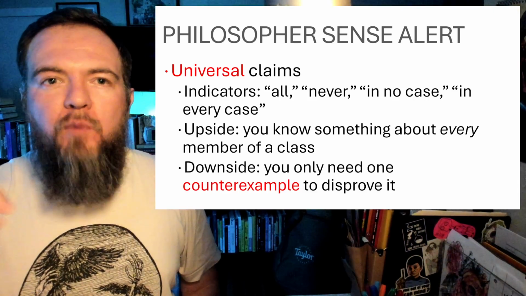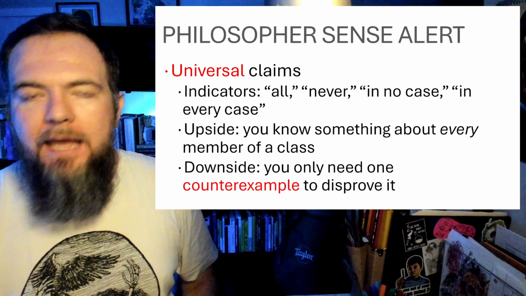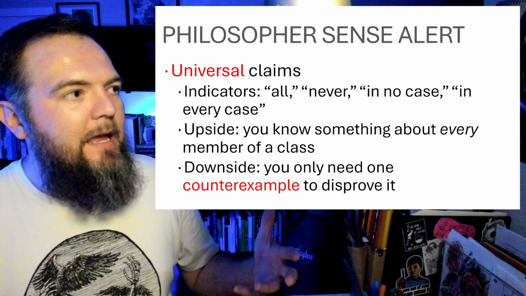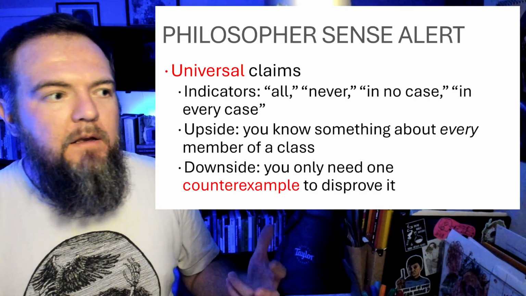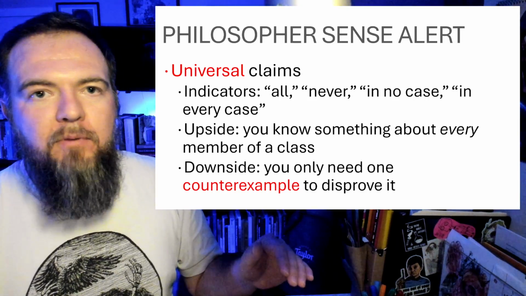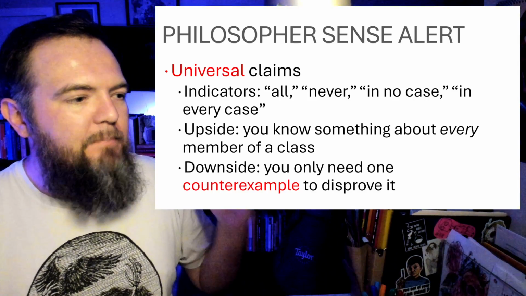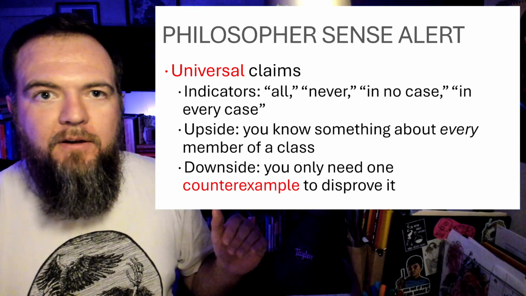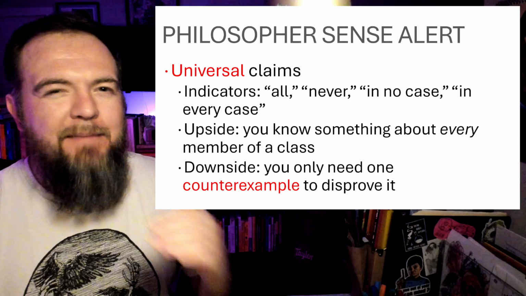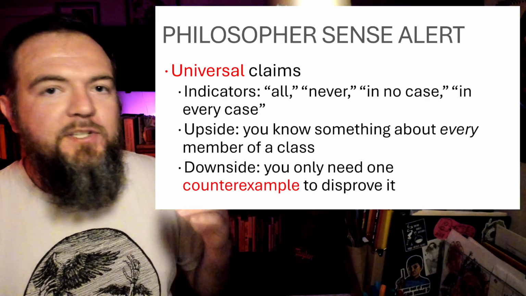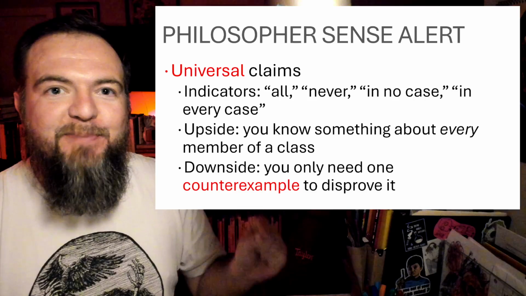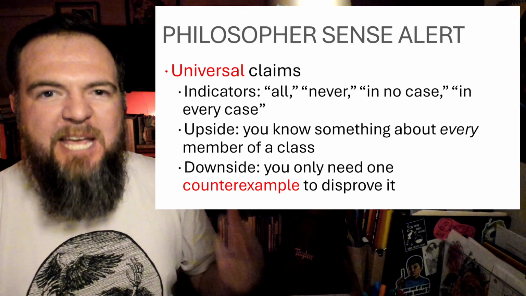Now, one of the reasons why you might want to make a universal claim is that whatever the universal claim is making, you're learning something about every single member in that class. So, for example, if I say that all humans are featherless bipeds with broad nails, it might seem kind of silly, but now I know something about every single human.